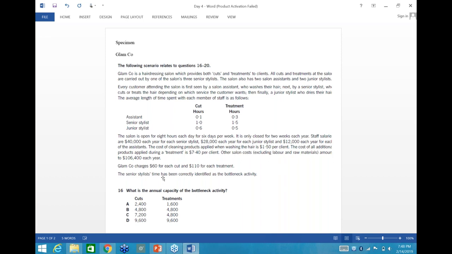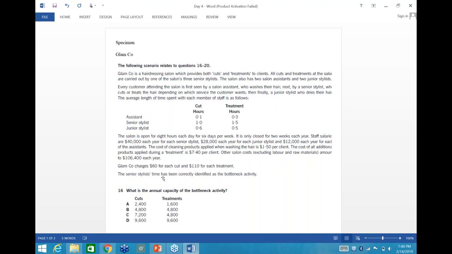Staff salaries are 40,000 each year for each senior stylist, 28,000 each year for each junior stylist, and 12,000 each year for each of the assistants. The cost of cleaning products applied when washing the hair is 1.5 per client. The cost of all additional products applied during the treatment is 7.4 per client.